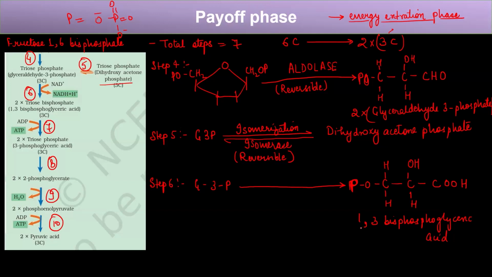One thing to know: here it says 1,3-bisphospho, so it has a phosphate group at the third position as well as at the first position. That's why it is known as 1,3-bisphosphoglyceric acid. Now what happens in this case?